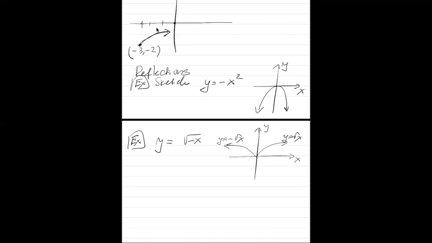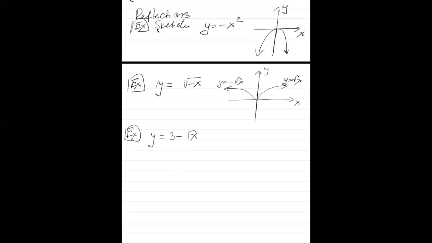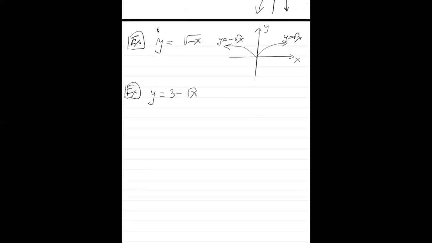So we have that. Another example, y equals 3 minus square root of x. So there are a few transformations here. We have a reflection and we have up 3. So I'm going to do the reflection first. We can do this step by step. So here is our parent function.